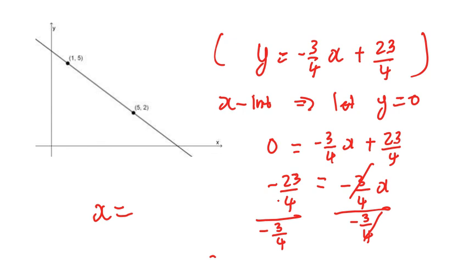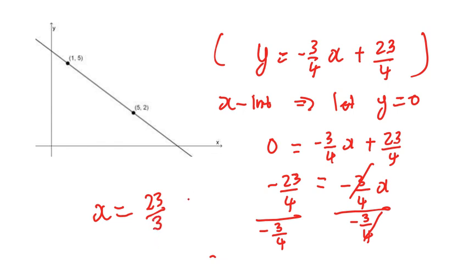So when you divide negative 23 over 4, are we following? Negative 23 over 4 divided by negative 3 over 4 gives us x to be 23 over 3.